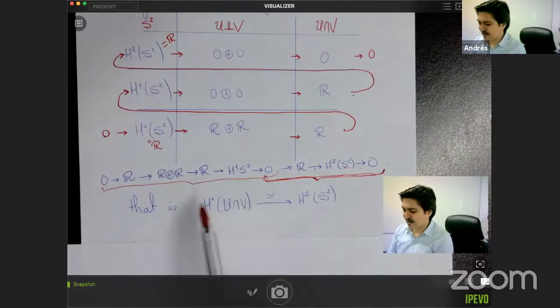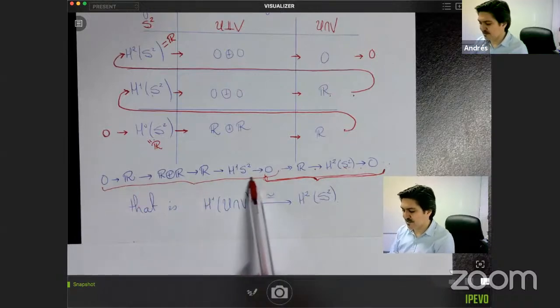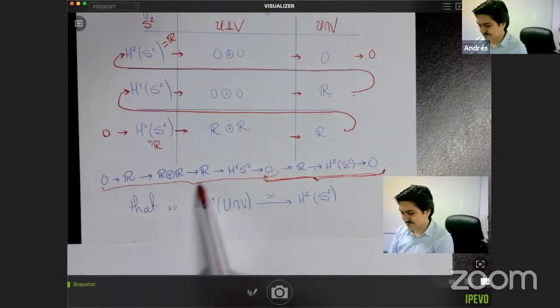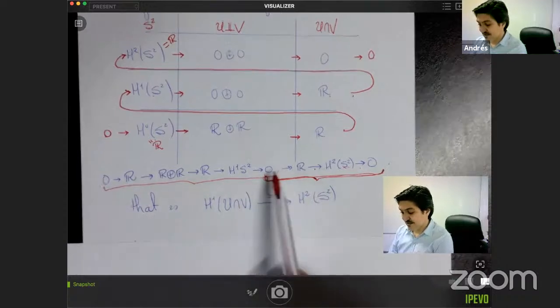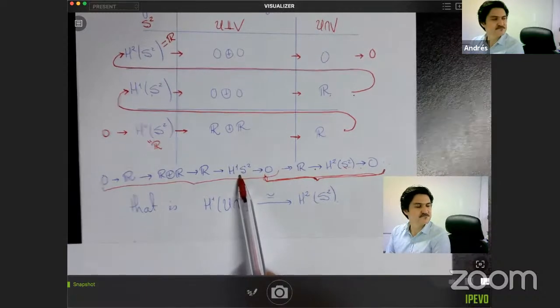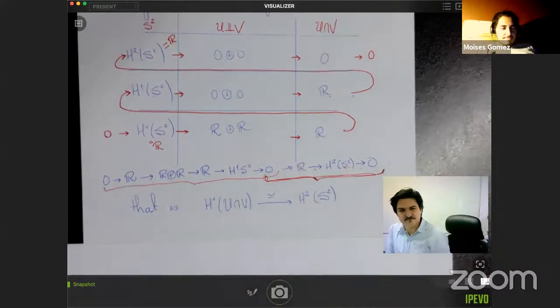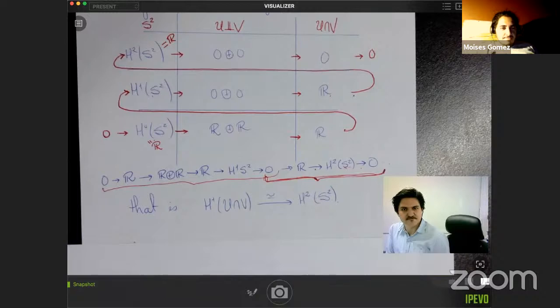And now you have to go and analyze this. How do you compute the dimension of this? It has to add to 0, no?